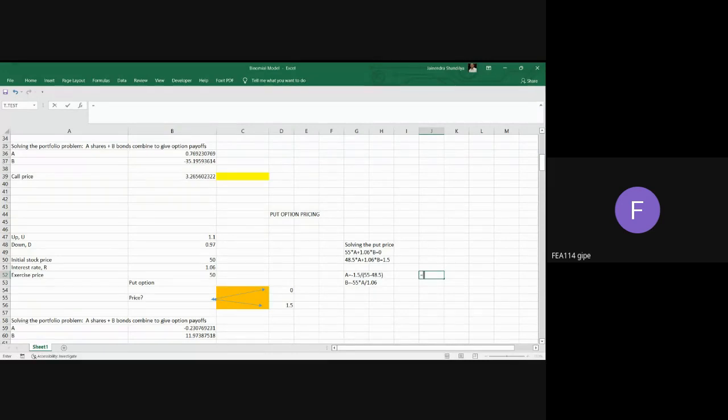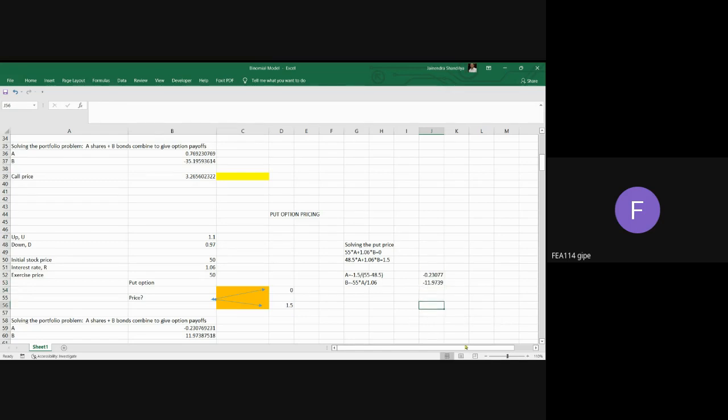So this becomes 1.5 divided by 48.5 minus 55, not the other way. That's why this formula was wrong. So this is this, and then B is, how much is B? So B is 55A upon 1.06, so 0.58 upon 1.06.